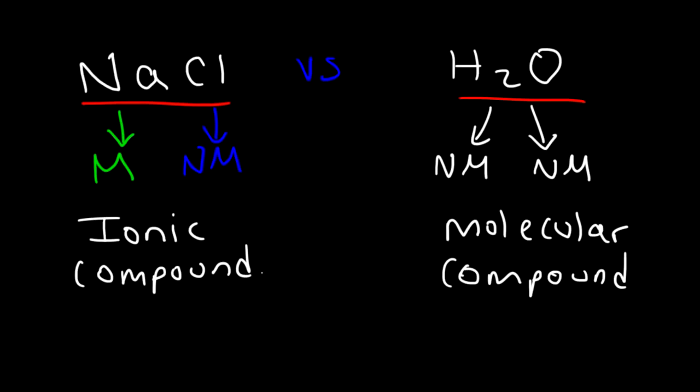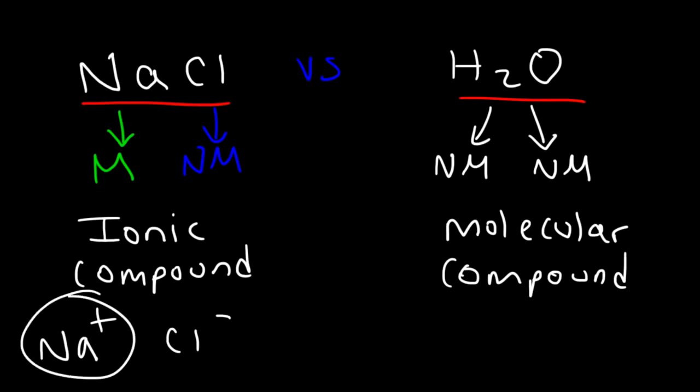Sodium gives one of its electrons to chlorine, and thus it turns into a sodium cation, and the chlorine becomes an anion. So ionic compounds are composed of positive and negative charges. That's another way to tell. And molecular compounds are not composed of full charges as you see here. So that's a quick and simple way to determine which one is ionic and which one's covalent.